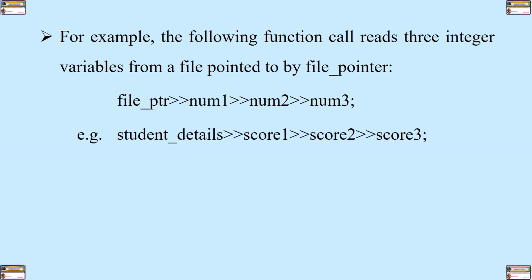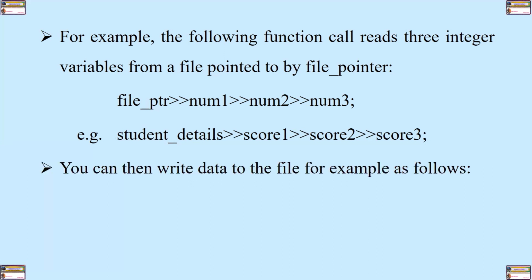Another example: if you have a file pointer called student details, which is pointing to a certain file, or is being used to manipulate the content of a certain file, then in that case we can read 3 integers from that file using the statement students file details, which is the pointer, and then we have our usual operators, and then score 1, score 2, and score 3, meaning that score 3, score 2, and score 1 are already integer variables that have been declared.